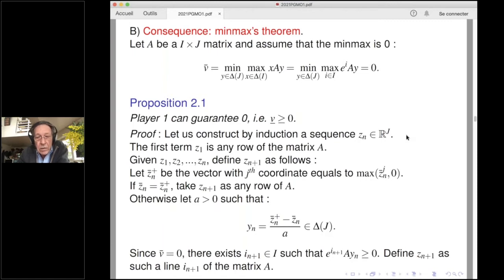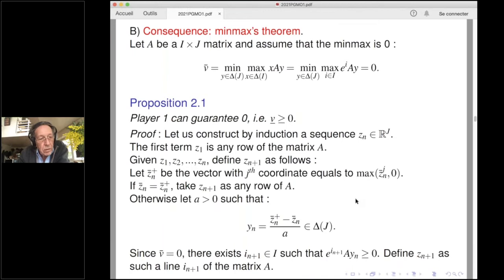It's a vector corresponding to a row of the matrix. So the first z_1 is any row of the matrix, and inductively I define z_{n+1} as follows. First, I look at the average up to stage n, so it's z_n bar. I take the positive component in each coordinate.